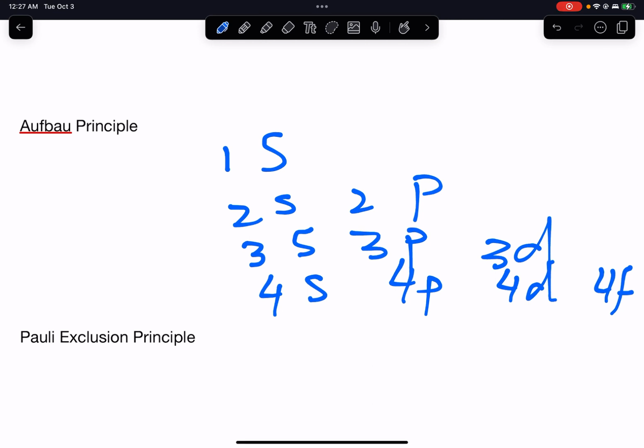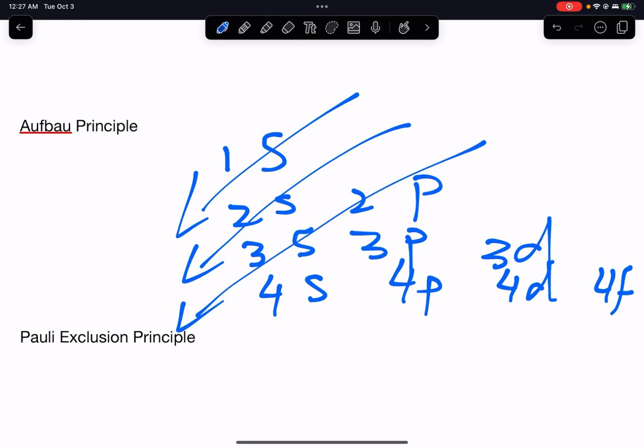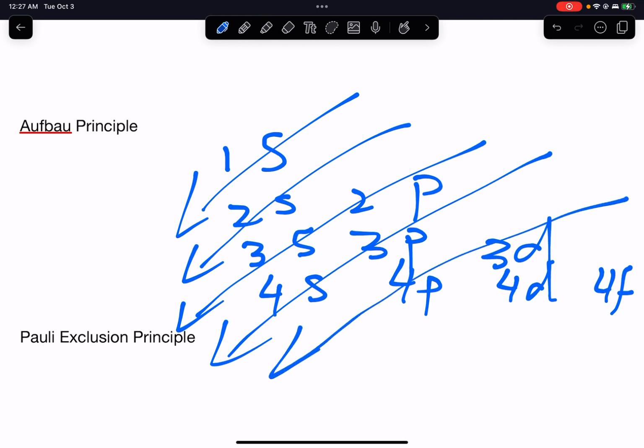This is the Aufbau rule. Basically, what you see right here, it usually goes like here, there, here, somewhere over here, and here. So this is basically what explains the Aufbau principle.